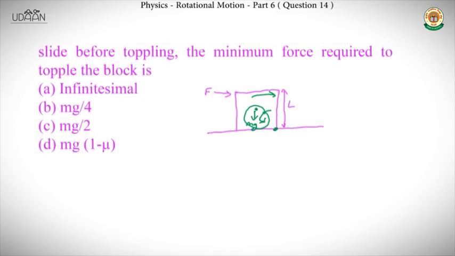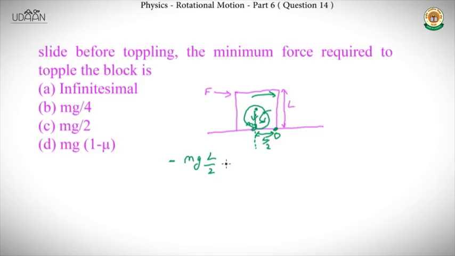All that we need to do is find the torque which will help us overcome the torque applied by this gravitational force. So writing the torque equation about this point O, we get the torque about point O will be, assuming the anti-clockwise direction to be negative torque, the torque due to the gravitational force as mg into L by 2, because the line of action of this gravitational force is at a distance of L by 2 from point O. But since this is in the anti-clockwise direction, it will be a negative torque.